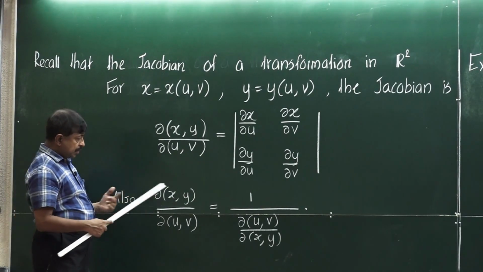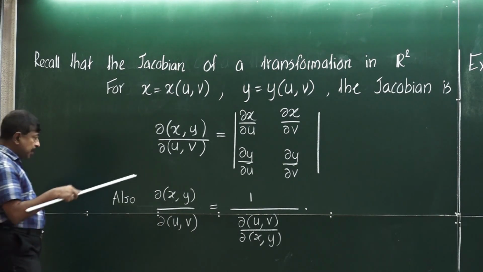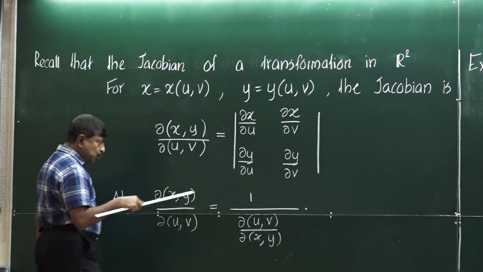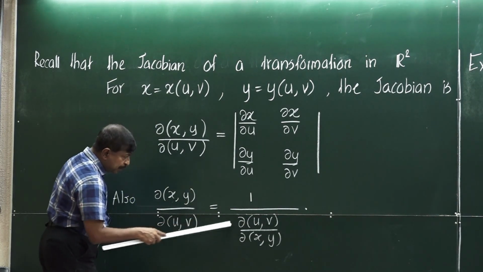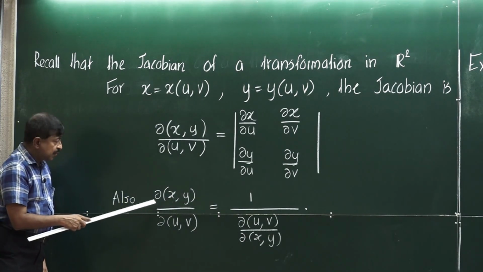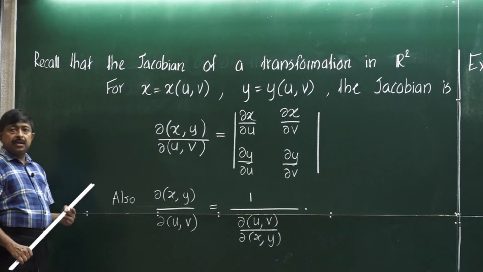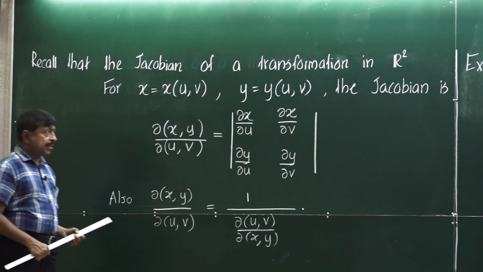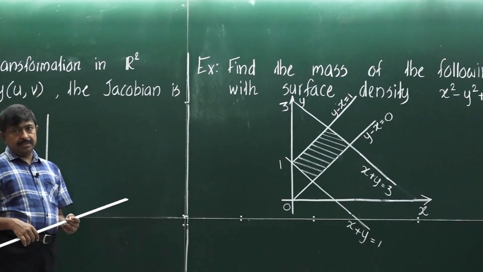Therefore, depending on computational simplicity, you either evaluate this one directly, or evaluate the other one and get the reciprocal to find the value of this. So, we will take up a simple example just to see the role played by the Jacobian.